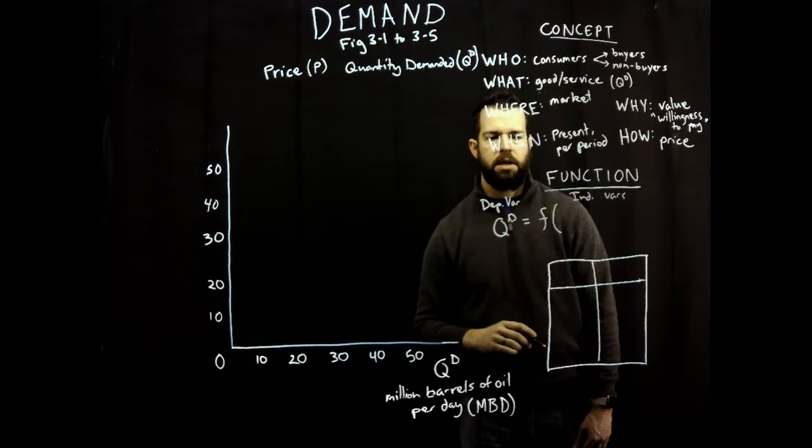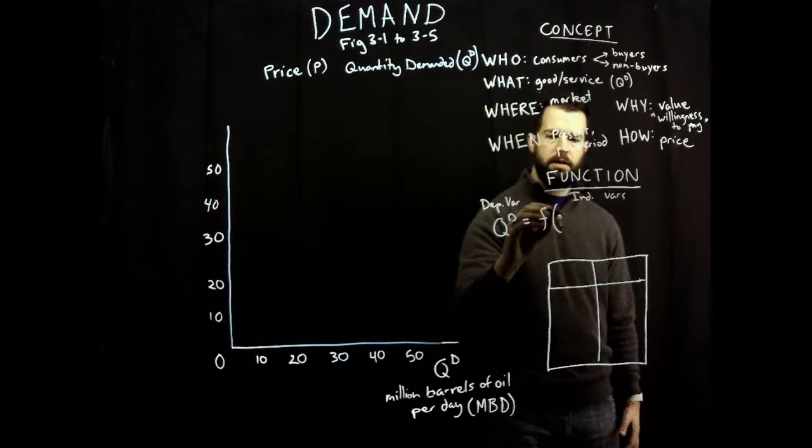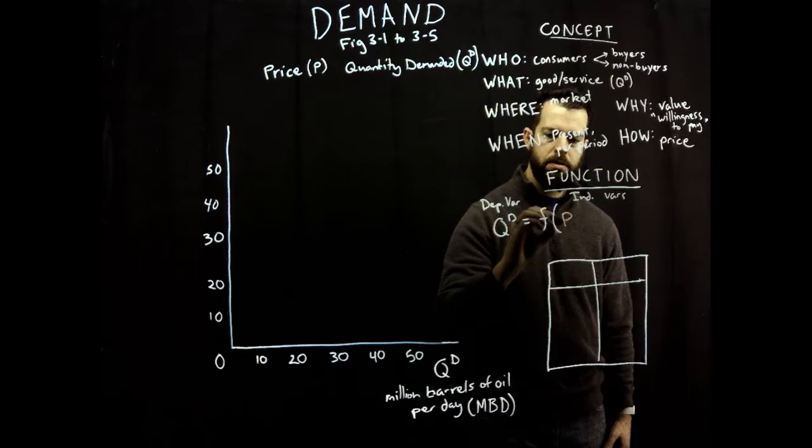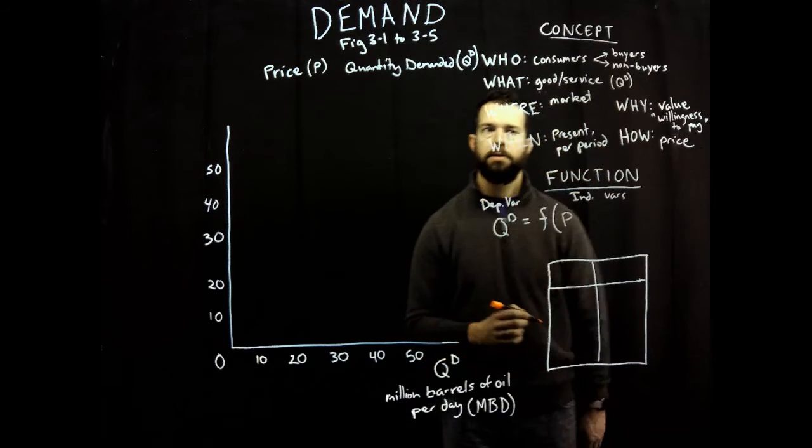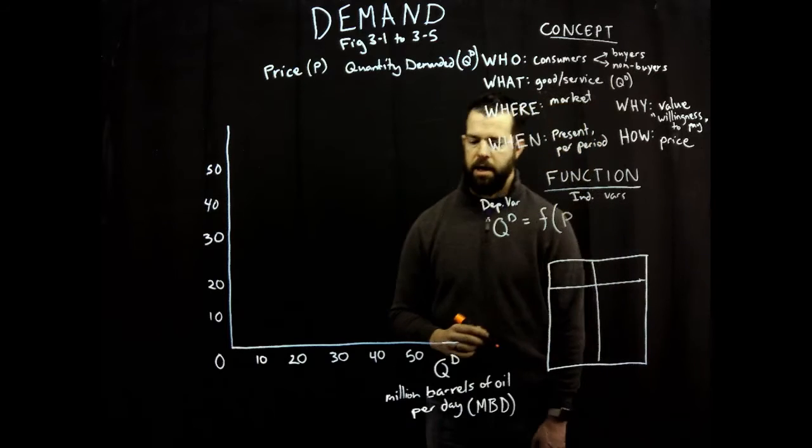And the first one you'll be introduced to is the price of the good today, expressed as price per barrel.